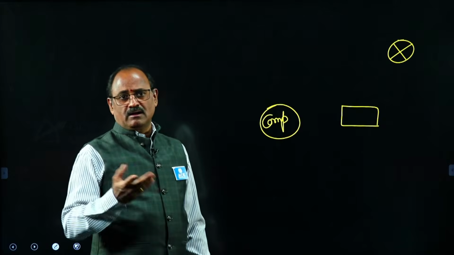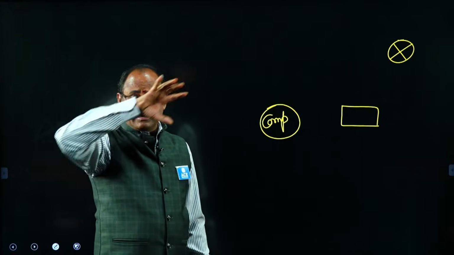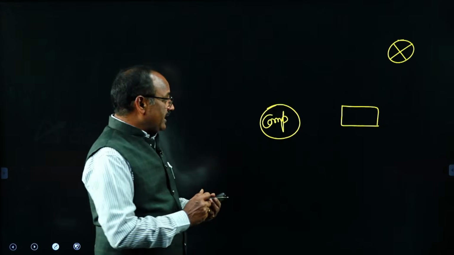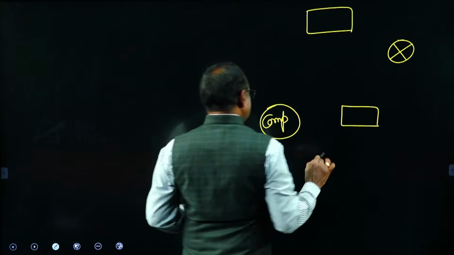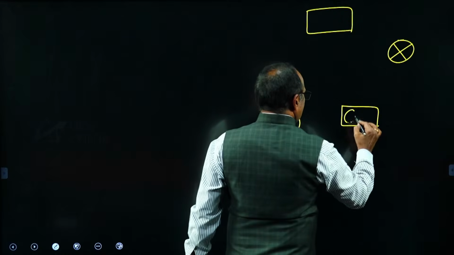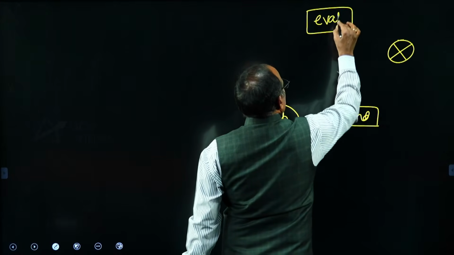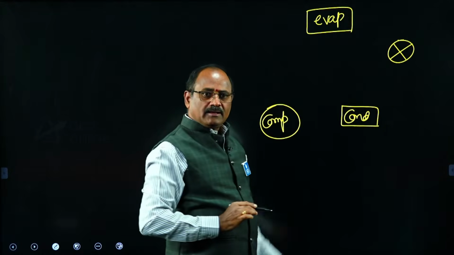Examples are the Otto cycle, Carnot cycle, Rankine cycle, Brayton cycle, Atkinson cycle. These are all cycles constructed to work with all reversible processes. Whereas this other device is the evaporator. Let me write it. This is the condenser, evaporator. The processes with the compressor, condenser and evaporator are reversible.